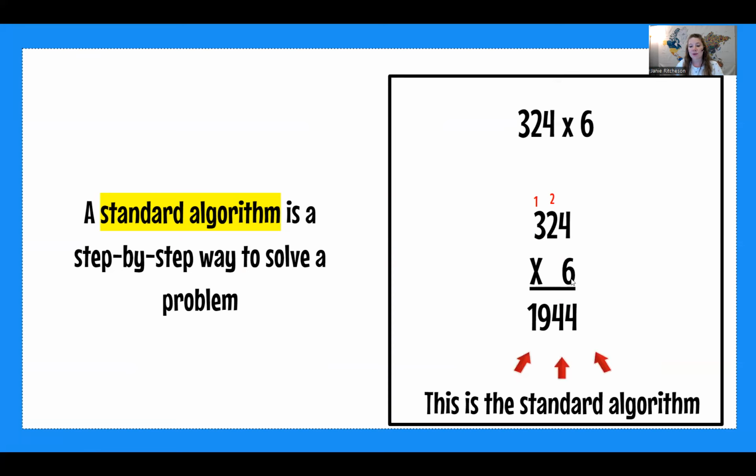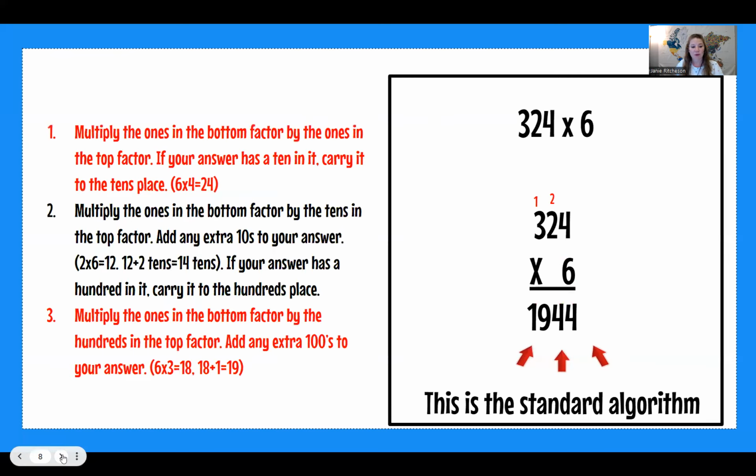The next step is to multiply 6 times 2, which is 12, plus the 2 we carried, which is 14. So we wrote down the 4, carried the 1. And then we did 6 times 3 is 18. We added what we carried. So 18 plus 1 is 19. So our final answer is 1,944.